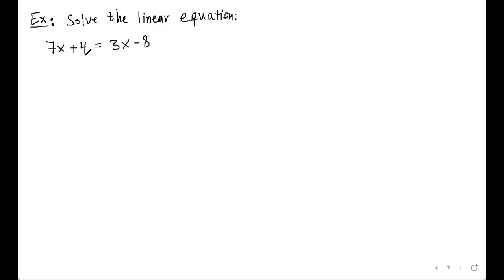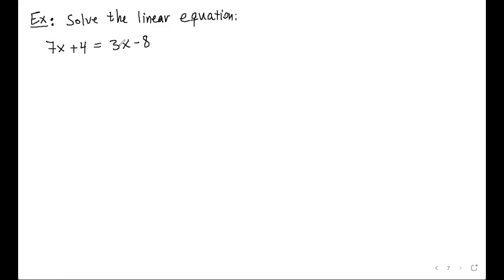First of all, this is linear. Look at the variable x and x. What is the exponent? 1, and here we have 1. So this means? Yes, linear.